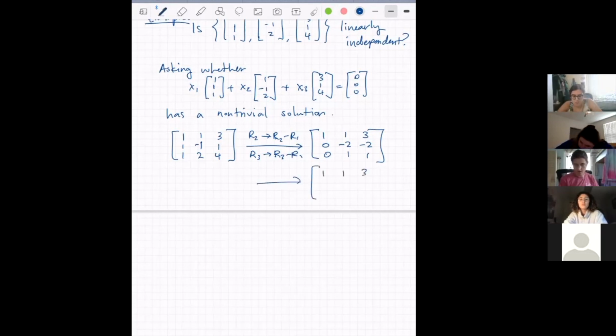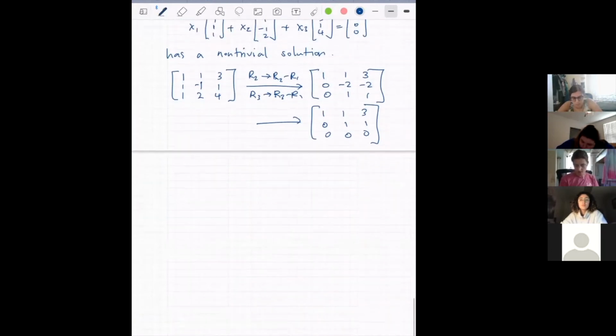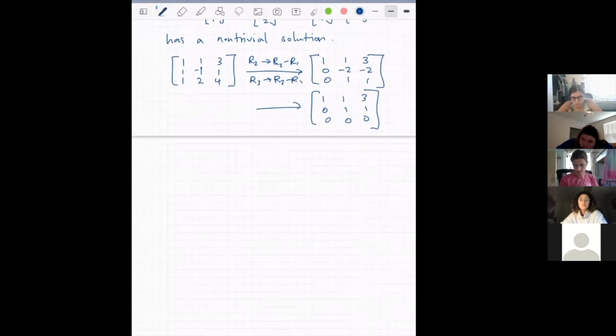We get 1, 1, 3, and then dividing by -2, we'll get just ones there. Okay, so I did that kind of fast. If you want to, you can double check by doing it yourself. But what we get here is, this is in row echelon form, not reduced, but that's fine. What we can see is that we have a free variable, right? So we can see from this.